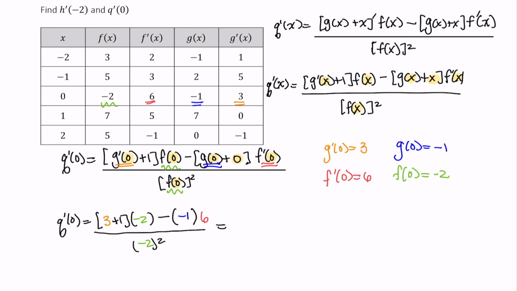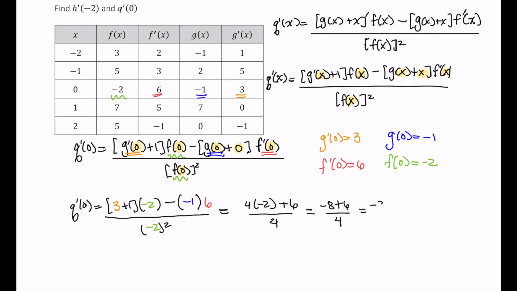So what does this yield? 4 times negative 2 plus 6 divided by 4. That's negative 8 plus 6 over 4, or negative 2 over 4, which is negative 1/2. So q prime of 0 is equal to negative 1/2.